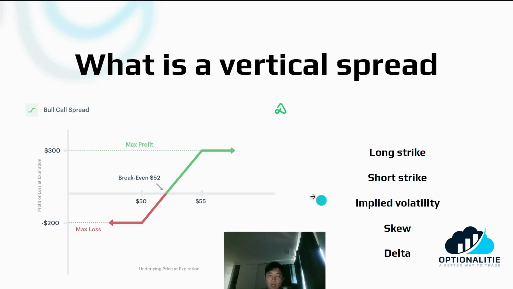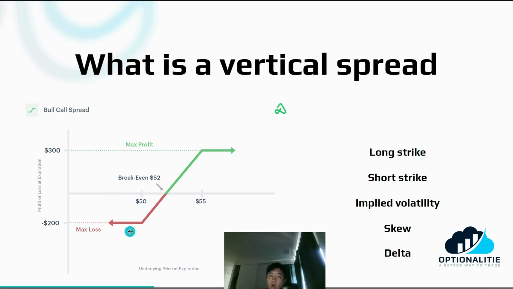Skew is how the pricing changes as you go up and down the options chain. Sometimes the implied volatility will go up as you go up the options chain, and sometimes it will go down. And this is very important in determining the pricing of spreads, and we'll take a look at how that works on the platform.